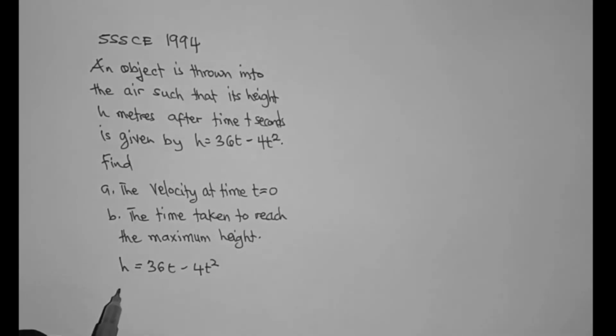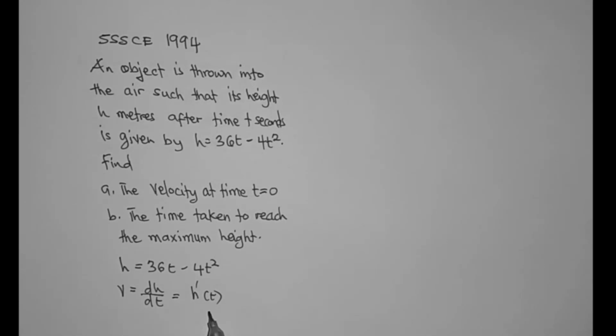What is the velocity? Velocity is equal to dh/dt, because velocity is equal to distance over time. So dh/dt can also be written as h prime of t.